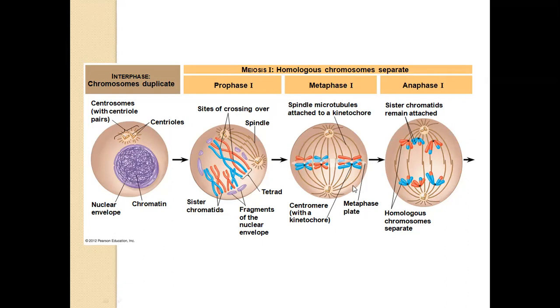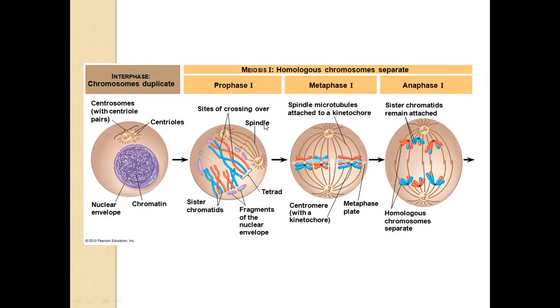In metaphase, the chromosomes are in the center of the cell. The homologous chromosomes are paired, so they will divide 1 for each cell, where they are linked to the spindle by the kinetochore.